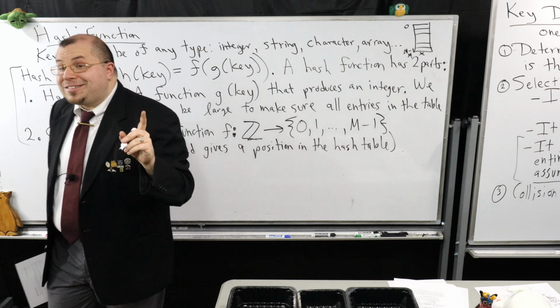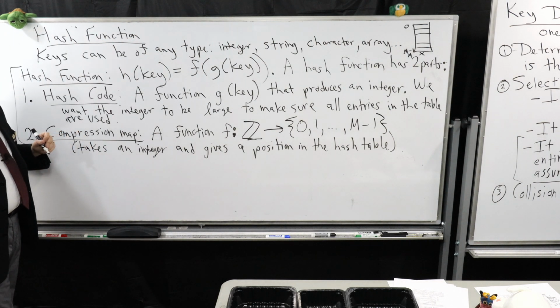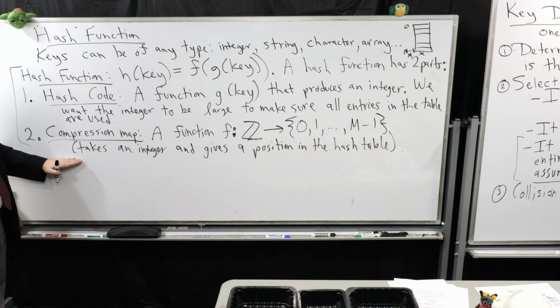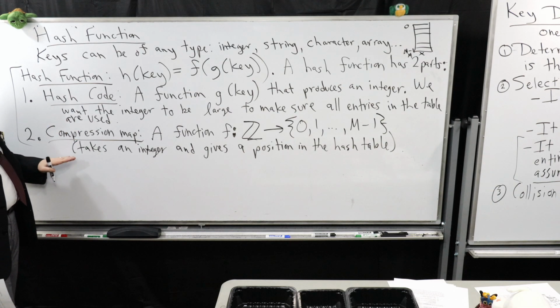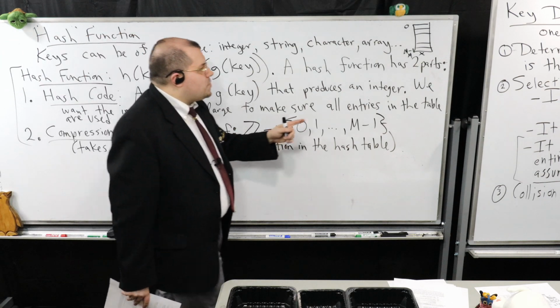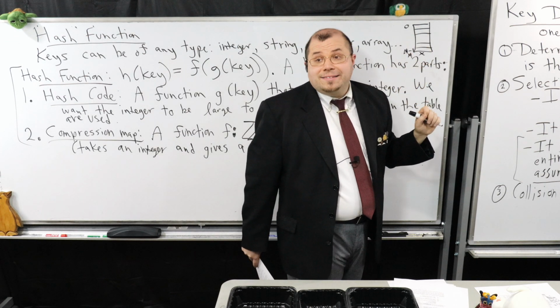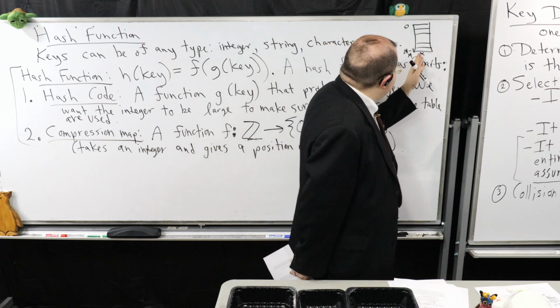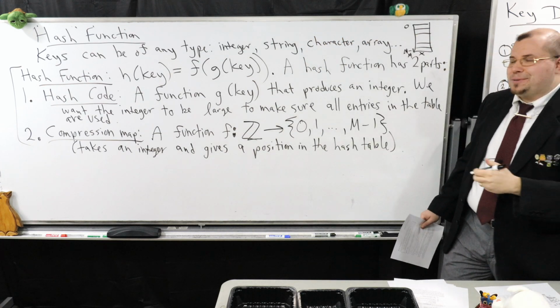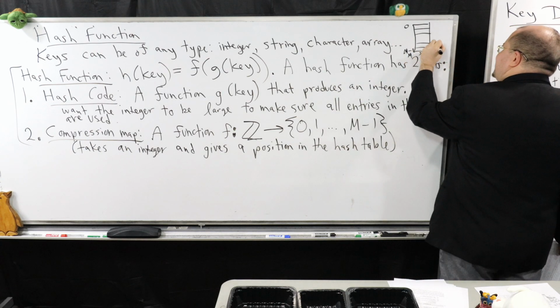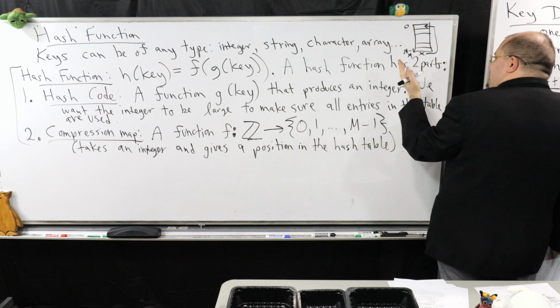Well, that's possible with the hash code. So the job of the compression map is simply to make sure that if I give you a value like this, it tells me where it should be located inside the table. Typically, if it's outside like this, you'll wrap it around and place it back, say, over here.